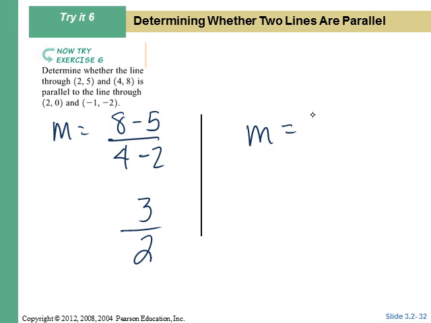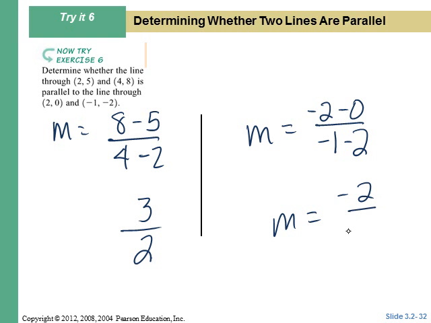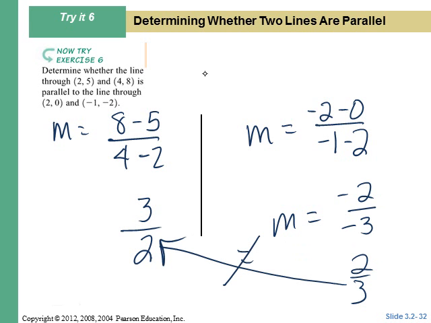M is -2 minus 0 over -1 minus 2. We have -2 over -3, which is 2/3. Those two are not equal. So they are not parallel.